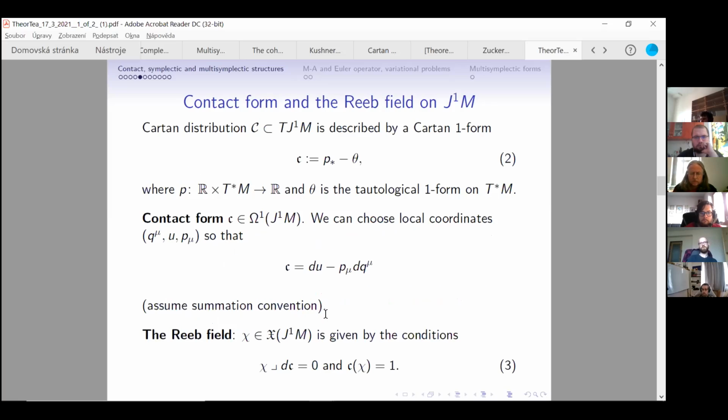Yeah. So it is spanned, in fact, by this du minus p mu dq mu one-form. Yeah, this is the local description of the form that has the kernel which is the Cartan distribution. So if you pull back this form, you always get 0 for arbitrary phi.